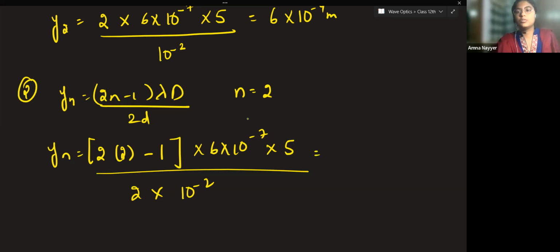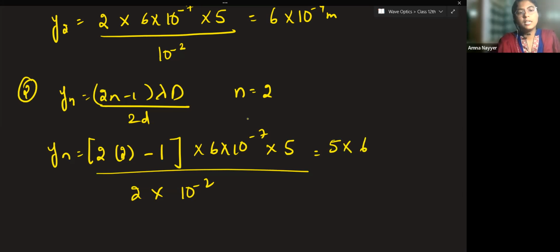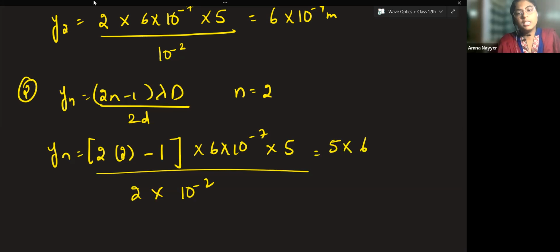Okay, so here we have 5 into 6. N was what? Sixth bright fringe or third bright fringe? No, so not 5, 3 into 6.